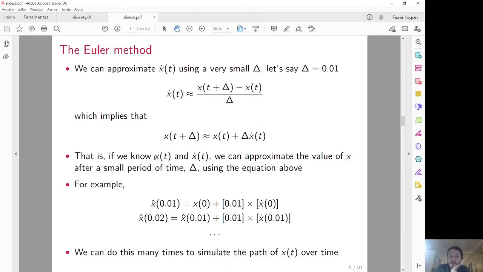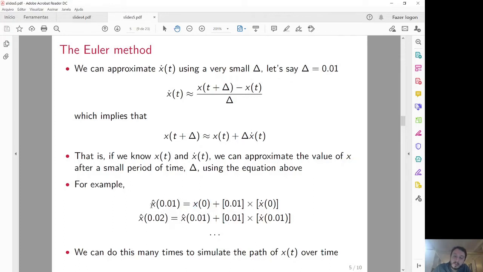Okay? So what we learn here is this. If we know the value of x at some point in time and we know the derivative of x at this point in time, we can approximate the value of x after a small period of time, delta, using this equation. So for example, let's think about the time gap being 0.01 and we know x of 0, remember?